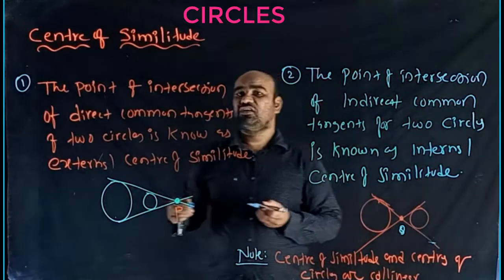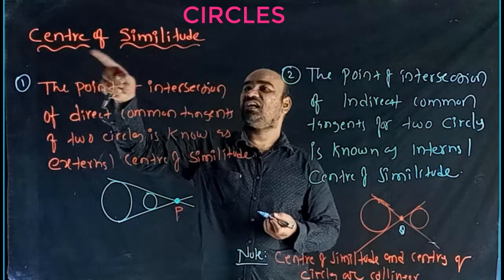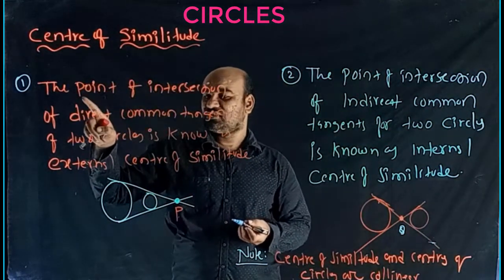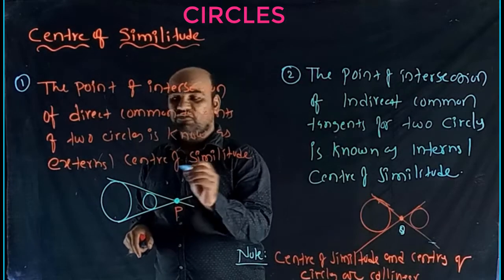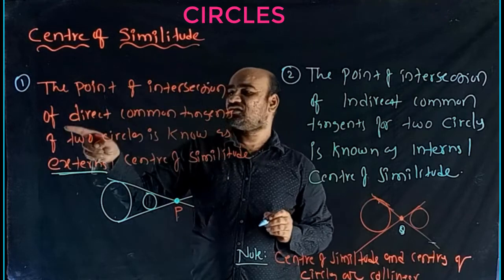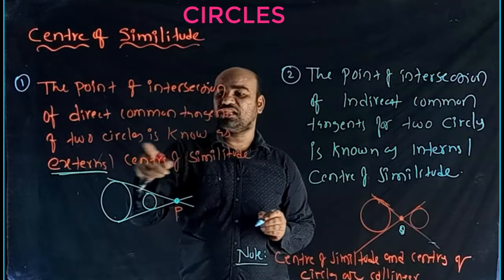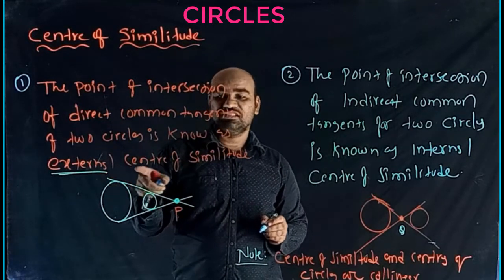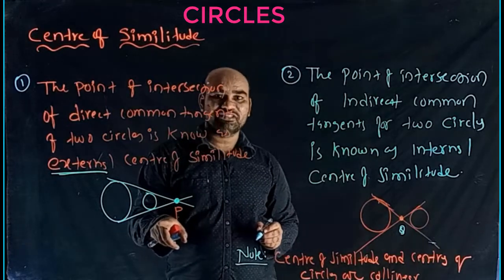Okay students, I have written the definitions here. First is external center of similitude: the point of intersection of direct common tangents of two circles is known as external center of similitude, and this is a rough sketch for that.